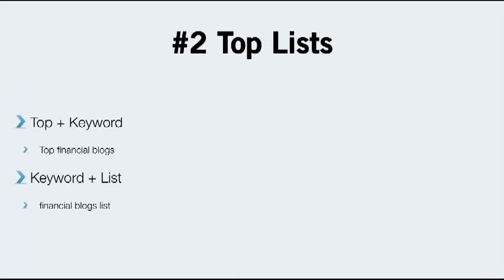All right, let's jump into the next search technique, and that is using some of the knowledge we just talked about and finding top lists. Now, what I mean by that is there are already big lists of blogs. The internet loves lists, if you haven't noticed.